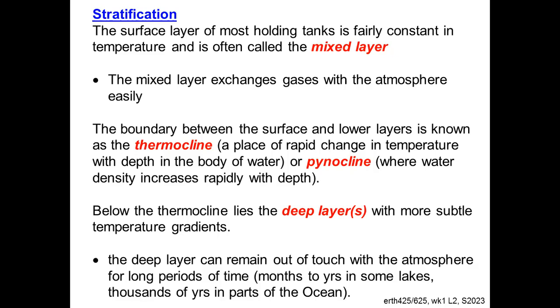Now, the upper part of the water that is completely mixed can exchange gases with the atmosphere because of turbulent mixing and so forth. And everything below that, into the transition zone where we have this mixing taking place, and then into the deeper layers, is isolated from the atmosphere. So now think about all the things that we have in our atmosphere: carbon dioxide, oxygen, nitrogen, things that are involved also in biological life, especially carbon dioxide and oxygen.